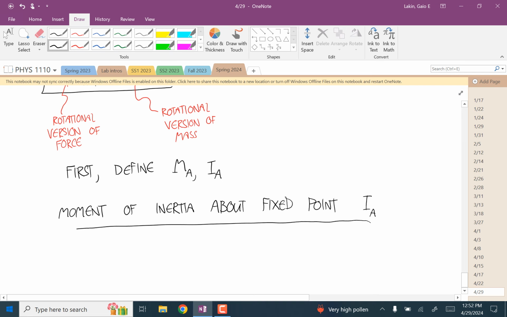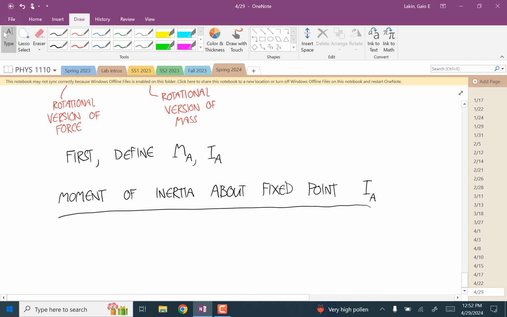And so we're going to calculate the moment of inertia about a fixed point. Does anyone remember way back when I first introduced mass, what I gave you as the definition of mass? I defined it as a resistance to an acceleration.